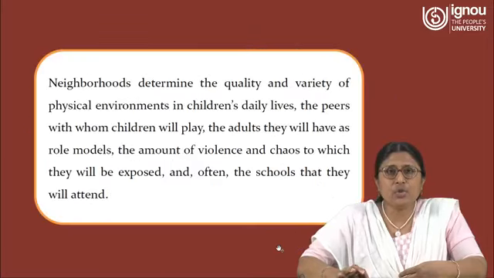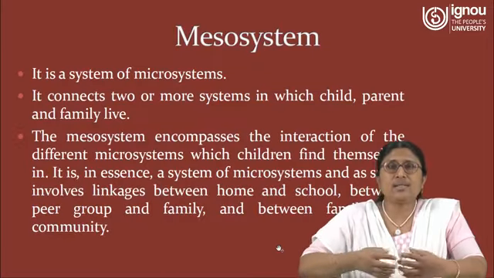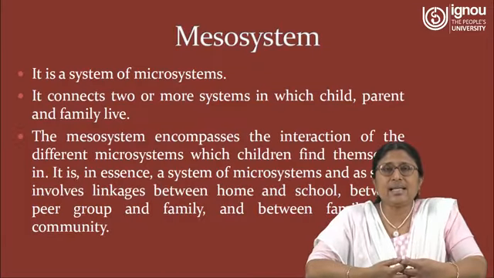When we come to the Meso System, we can say that it is a system of microsystems, and it connects two or more systems in which the child, parent and family live. The Meso System encompasses the interaction of the different microsystems which children find themselves in.